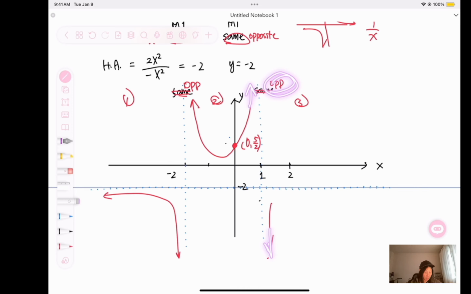And then the end behavior is approaching y equals negative 2. So that would be the graph. And always check your graph with decimals to see if it's correct. Okay, that's it for this section. I'll see you in the next video.